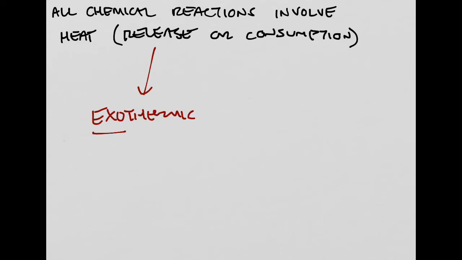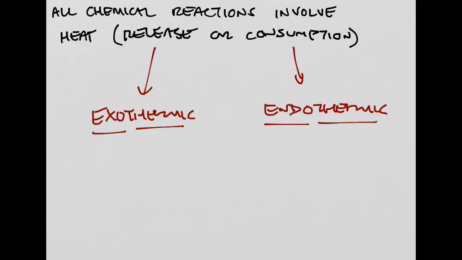Exo means out, thermic means energy, so we have out energy or release of energy, and then we have the exact opposite, which is an endothermic reaction, and endo means into, thermic energy again, heat energy, so we have energy going into the chemical reaction.